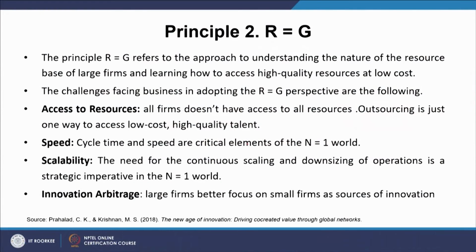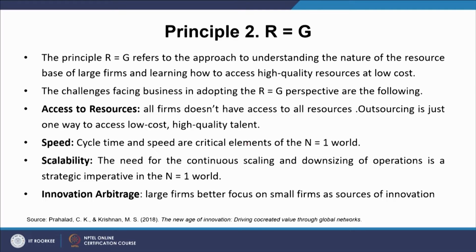That is what this whole structure is all about, and that is where it is taking us towards an innovative thought process. R = G refers to the approach to understanding the nature of the resource base of large firms and learning how to access high quality resources at low cost.